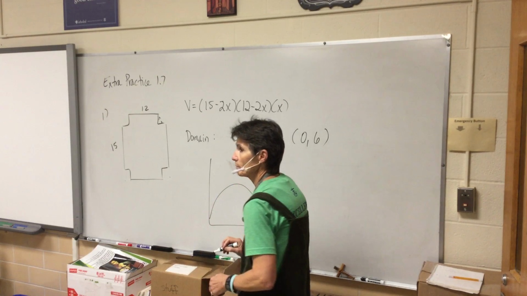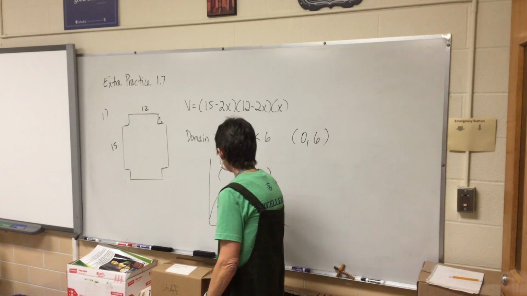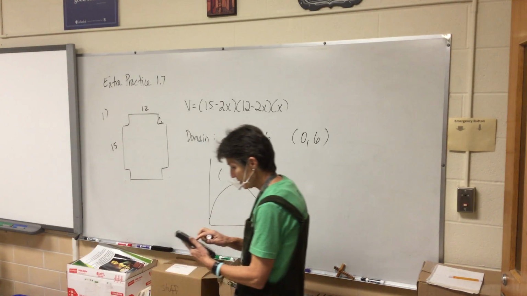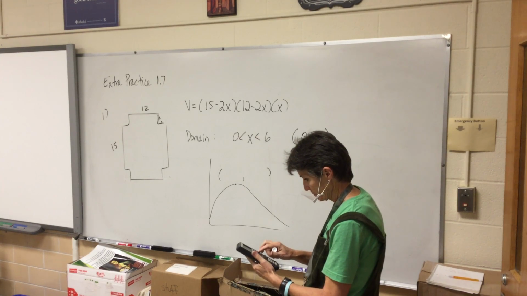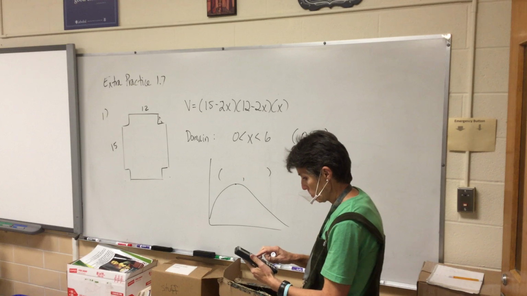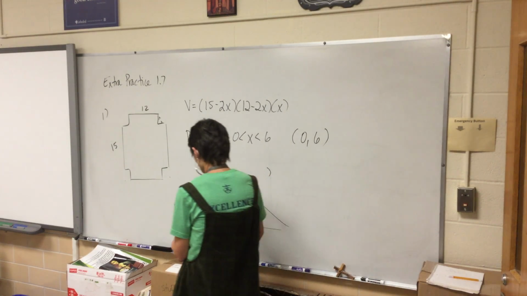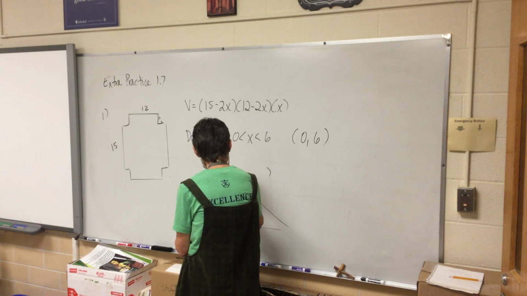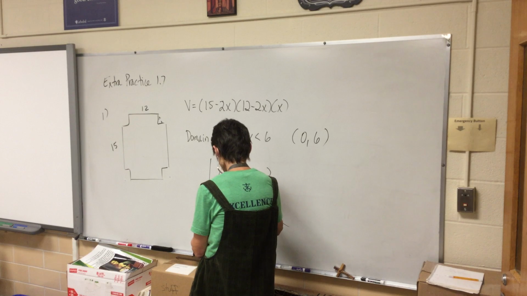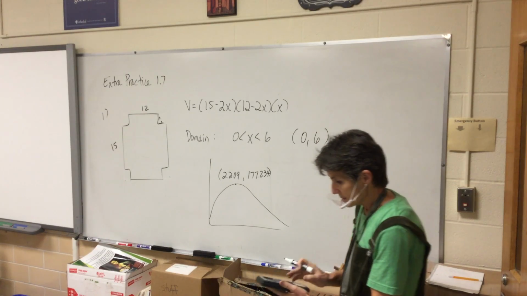Looks about like all the other hills we've been looking at, right? So let's find our maximum, and remember it's going to come up as a point, an x and a y. I got 2.209 and 177.234. Does anyone match that?